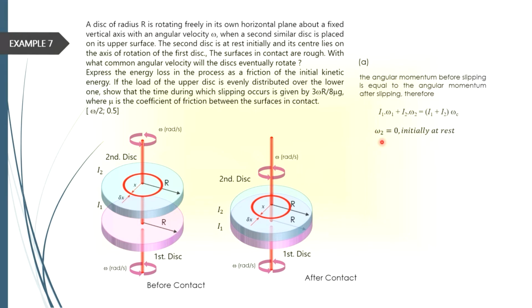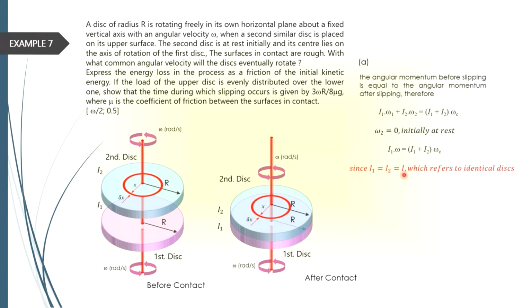Omega 2, the initial speed of the second disk, is 0 because the blue disk is at rest initially. So from the upper equation, it reduces to something like this. This is what we want, the common speed.